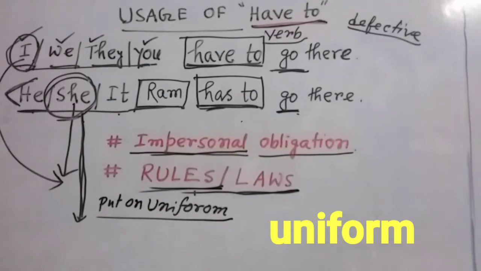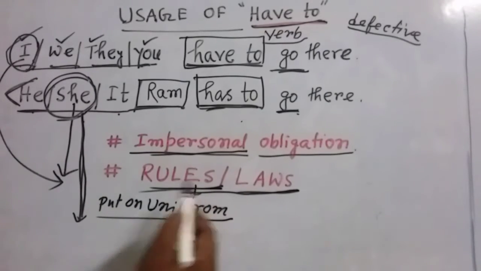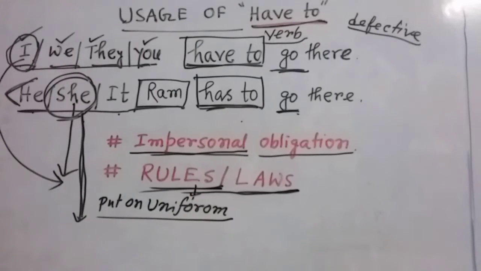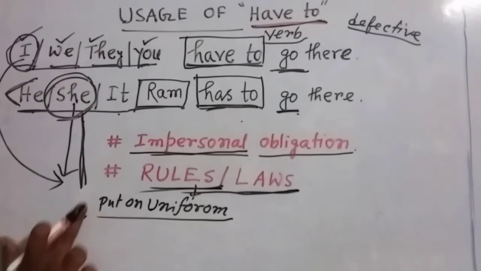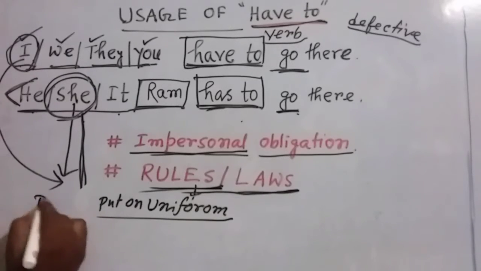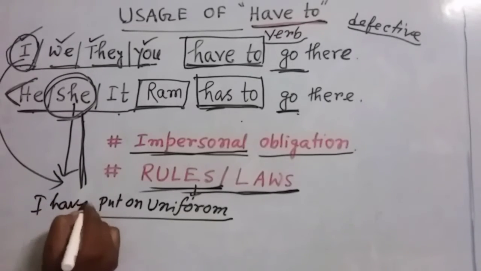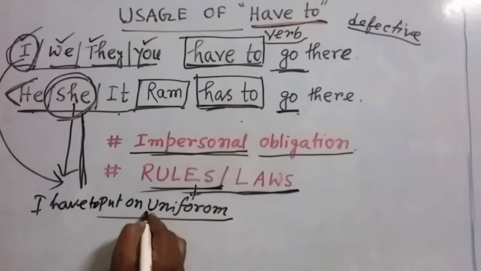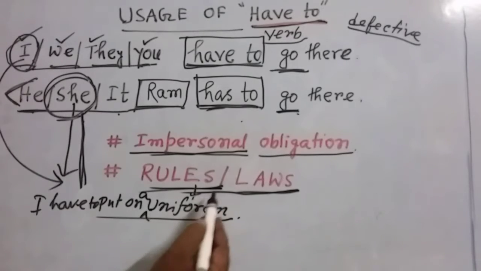So it is the rule of the school, and if I am a student of a school, so obviously I have to put on a uniform. Here, my dear friends, this is the rule of the school. Maybe I am not interested to put on this type of uniform, but I have to put it on because it is the rules of the school.